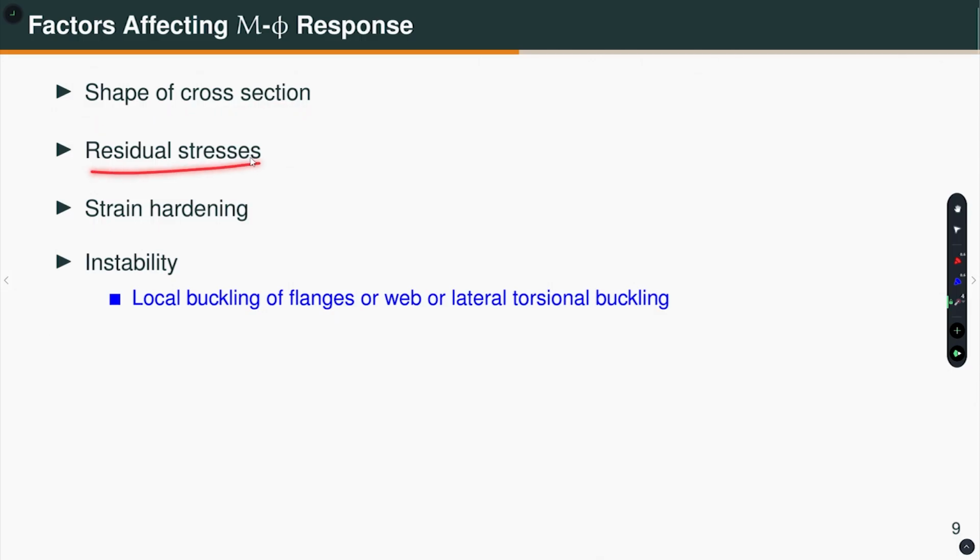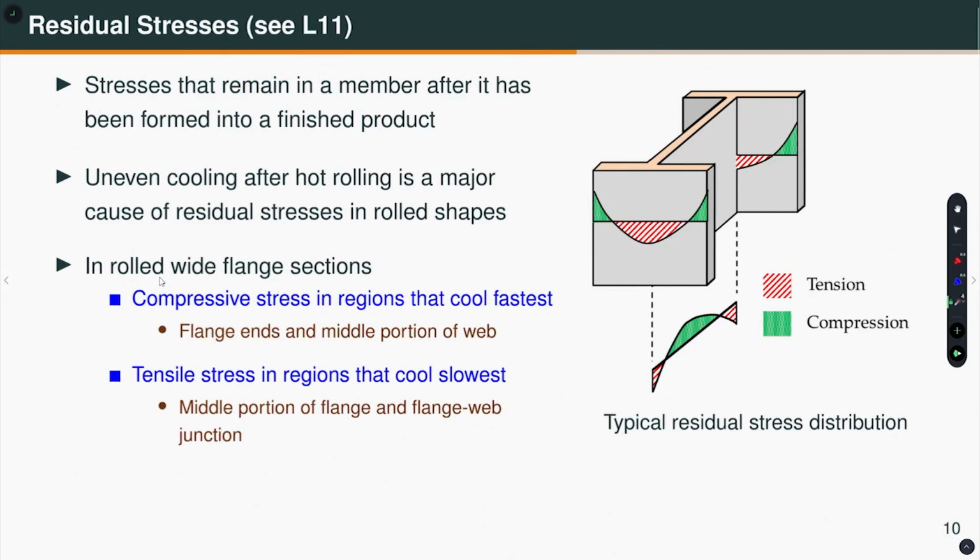Then there are residual stresses; how do they affect it? We will talk about that. And then there is strain hardening. We have assumed elastic perfectly plastic behavior; what happens if there is strain hardening? Then there is instability, any kind of buckling, it could be local buckling, lateral torsional buckling and so on. So, how do these factors affect it?